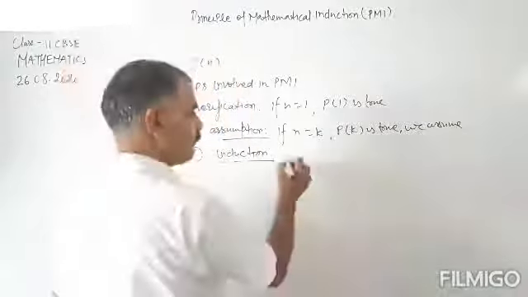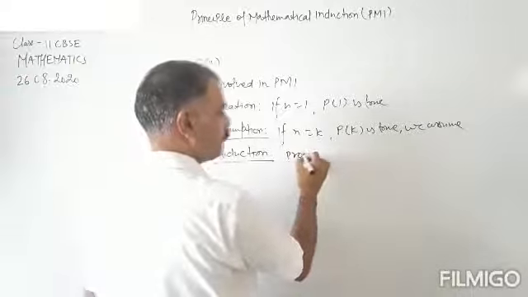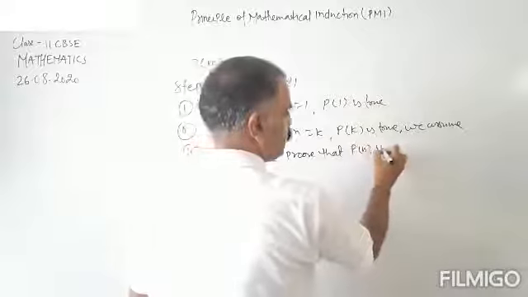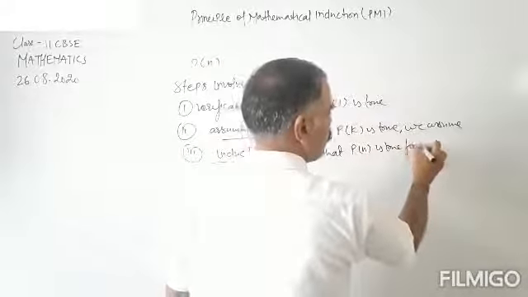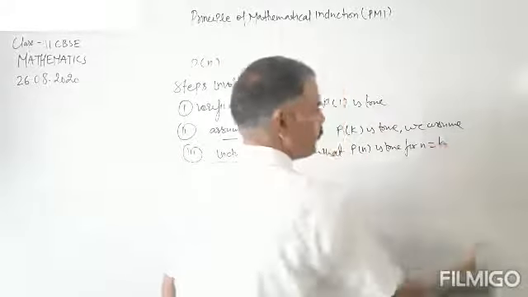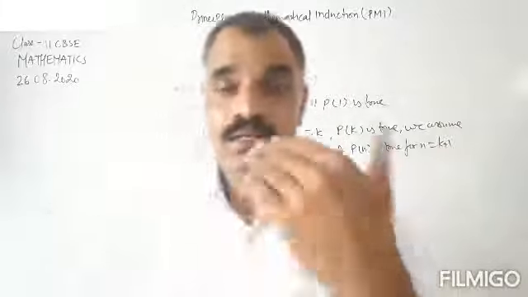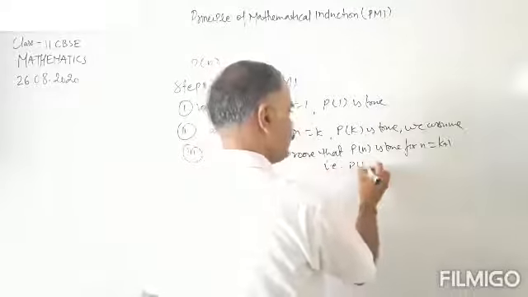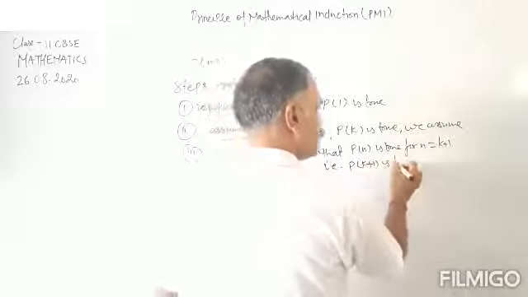Means we will prove that Pn is true for n equals to k plus 1, that is Pk plus 1 is true.